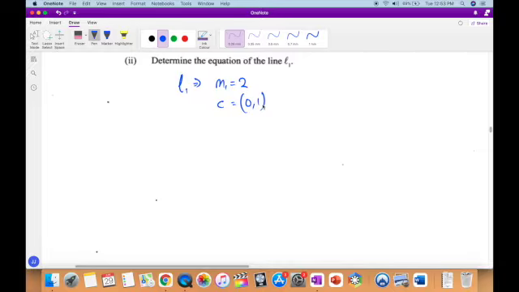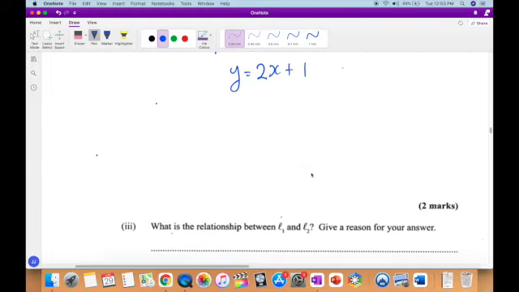Remember, C is the intercept on the y-axis, and that's when x is 0. So I could tell that C is immediately going to be 1. Yeah? So C is going to be 1. So therefore, equation of L1 implies y is equal to mx plus C. And that is the equation of L1.